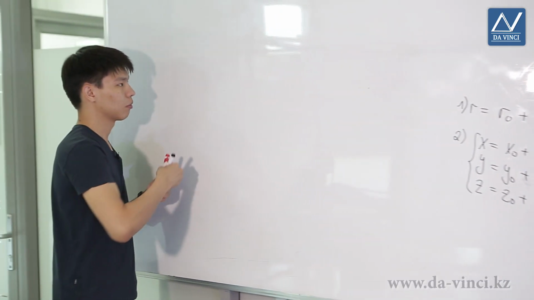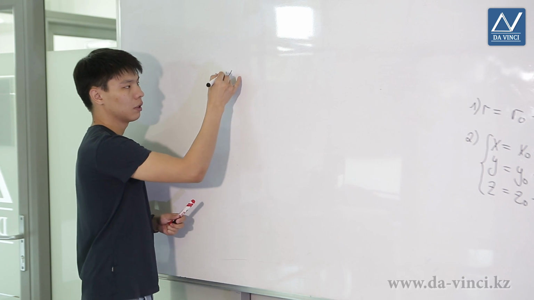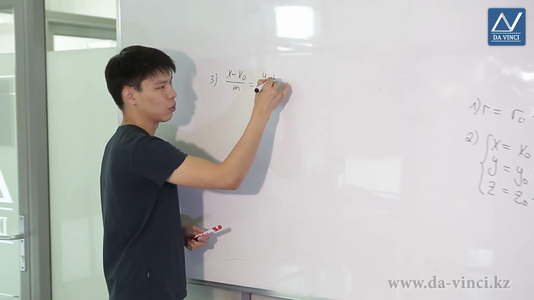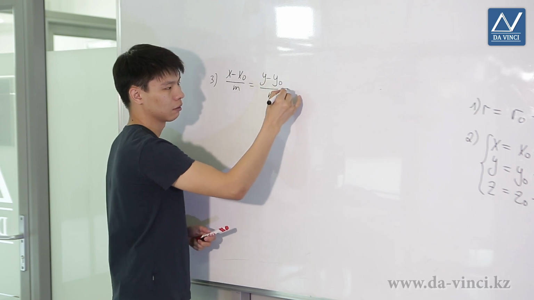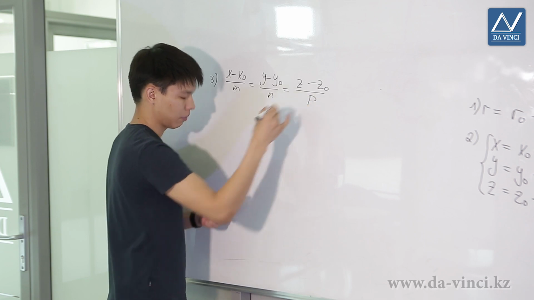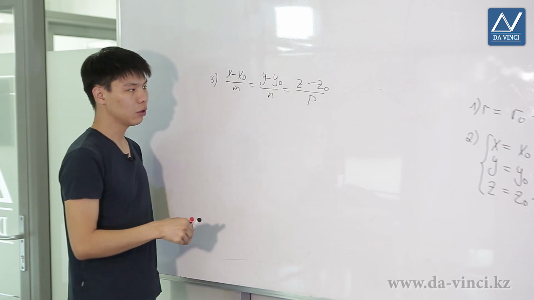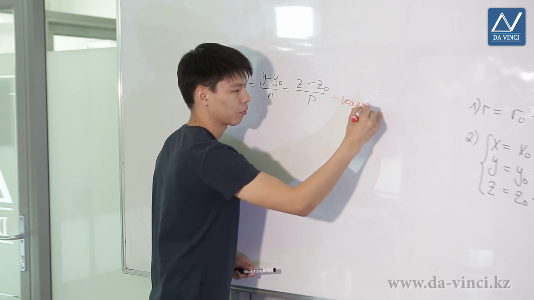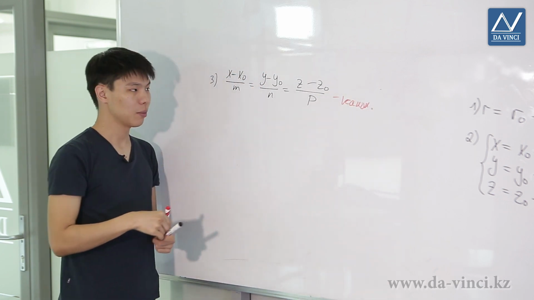As a result we get x minus x0 divided by m is equal to y minus y0 divided by n is equal to z minus z0 divided by p. We have a new equation of the line which is called the canonical equation.